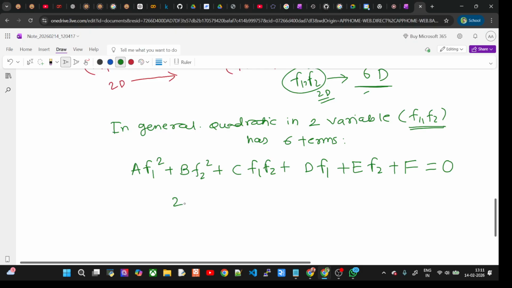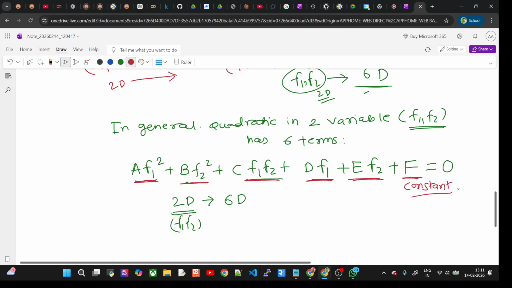That's why this 2D is now projected into 6D. I'll highlight in red color these f1 f2 terms. This is the constant, the r square we got, so that constant value f. So now these 2D points have 6 dimensions. Earlier we considered only 2 dimensions, and now they actually have 6 dimensions.